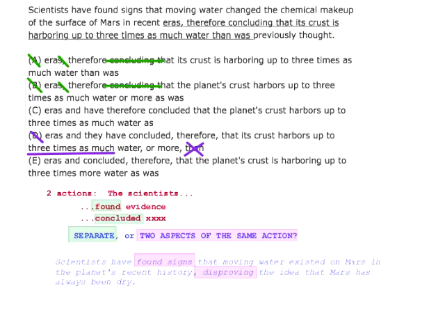So if you were going to have a construction like what is in D, then this would have to be 3 times as much as, or more than. You could not eliminate either of these two words, because you have to have the as to go with as much, and you have to have the than to go with more.